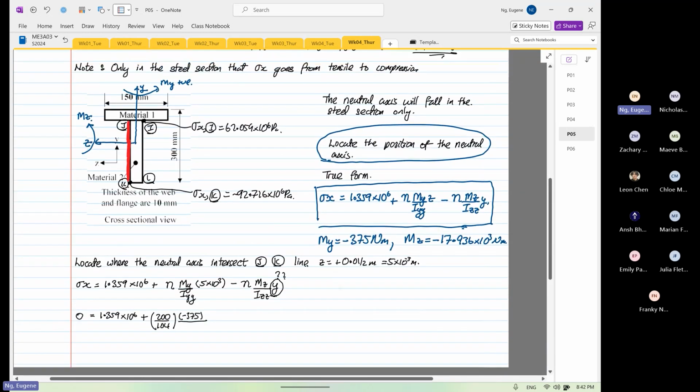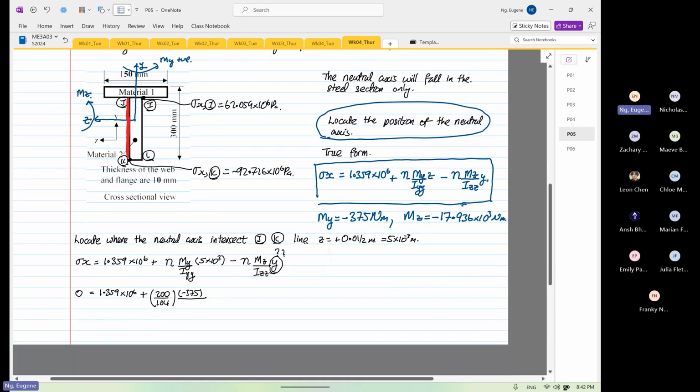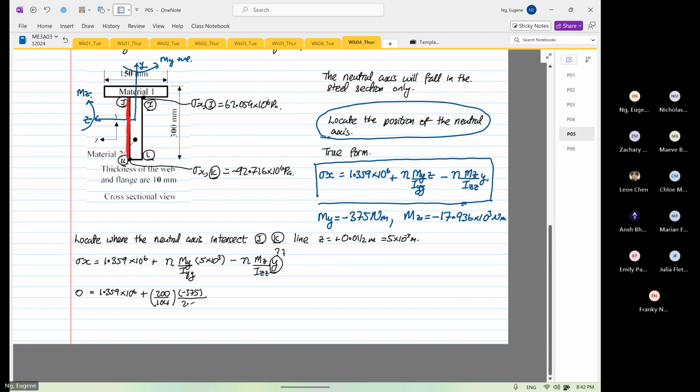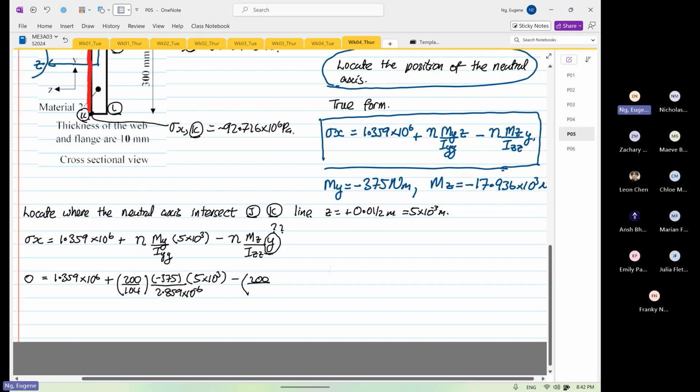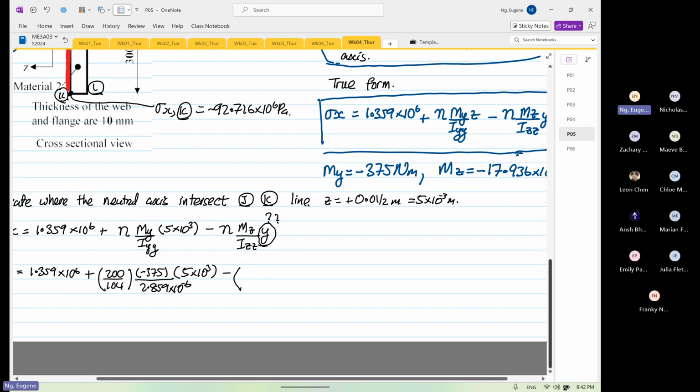So Iyy is 2.859, multiplied by 5 times 10 to the power minus 3. Then minus 200 over 104.